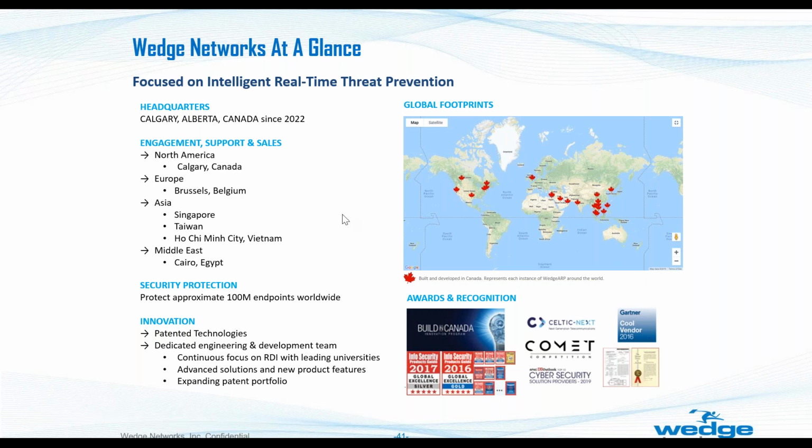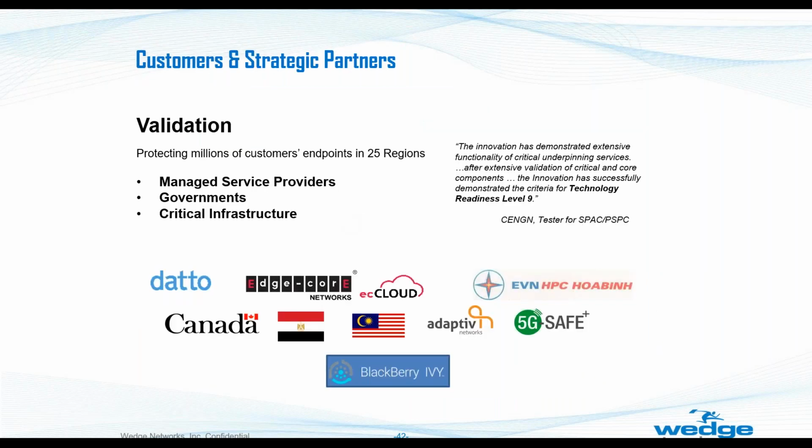Wedge's technology and product solutions have already received recognition from global customers and partners. For example, in the United States, the MSP service provider Datto has adopted WedgeCND as well. Wedge is also a designated network security solutions provider for the Canadian government.